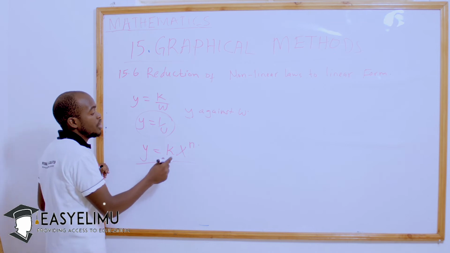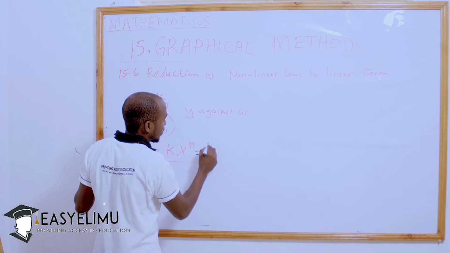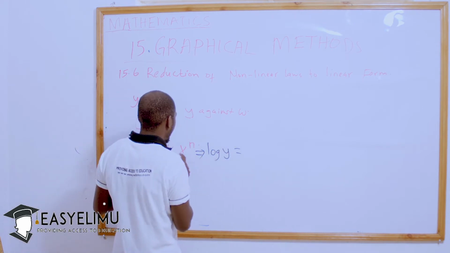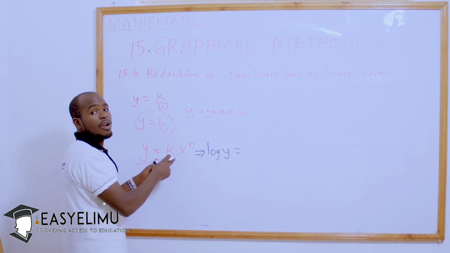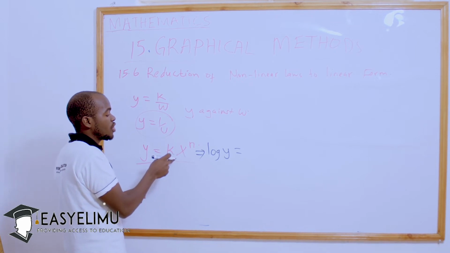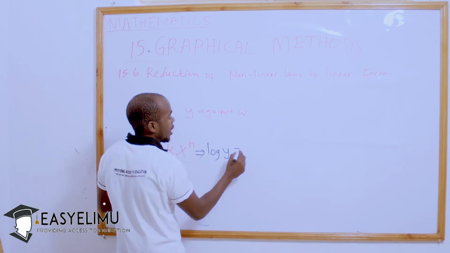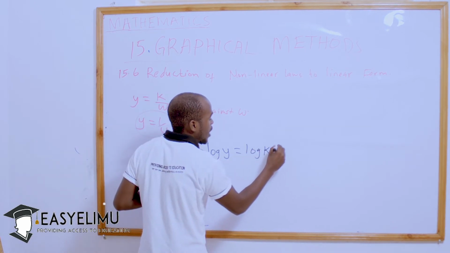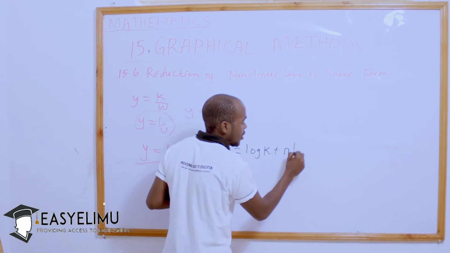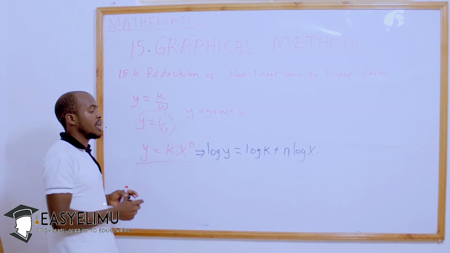To reduce it, you introduce log on both sides such that you will have log y equals, remember the law of logarithm, if you introduce log to the same base, we shall have addition: log of k plus log of x raised to n, which is the same as n log of x. That is how we write this in linear form.